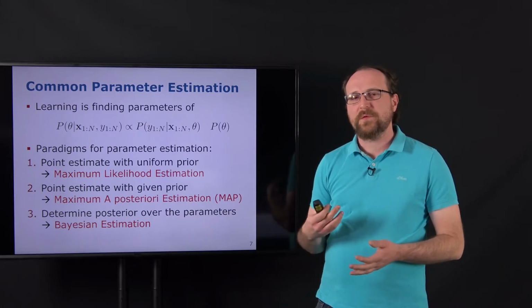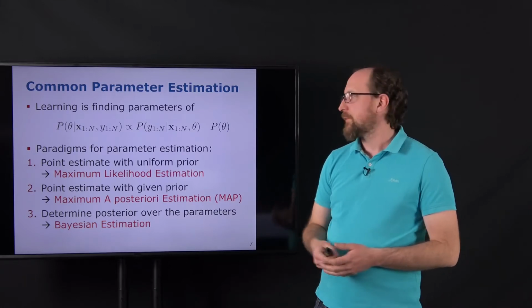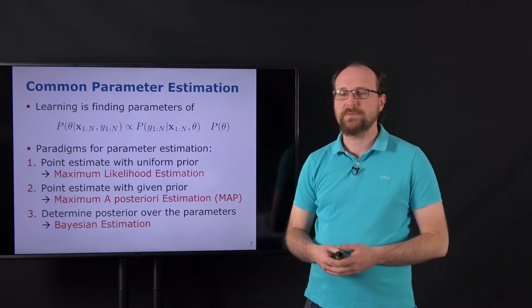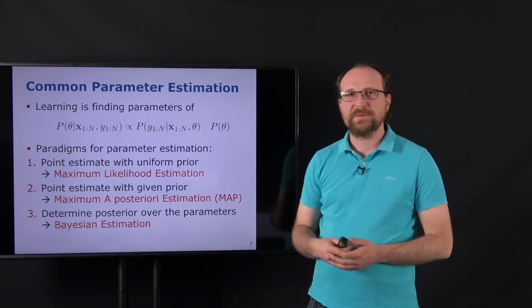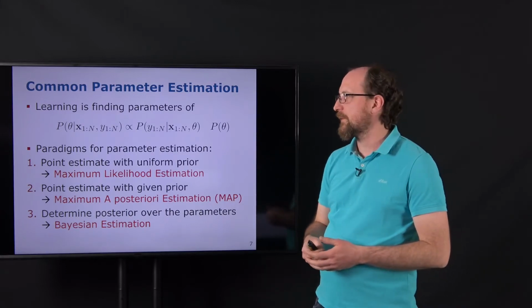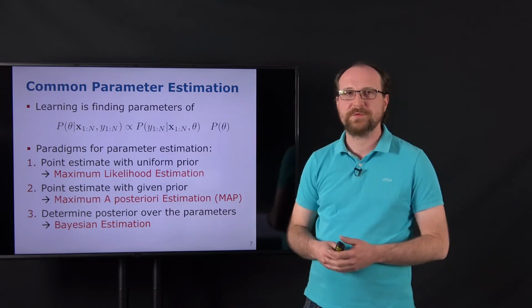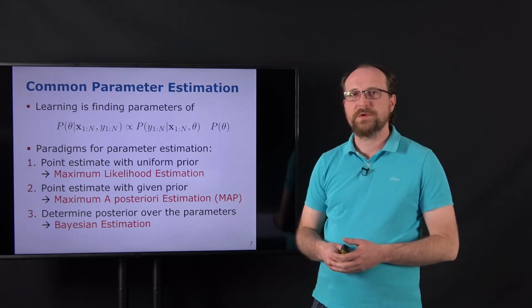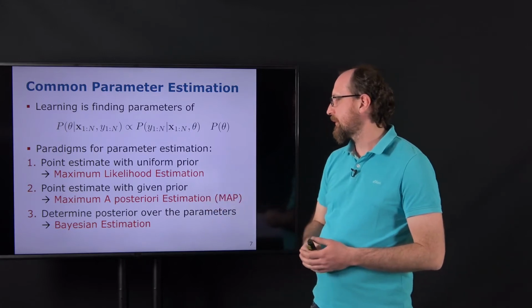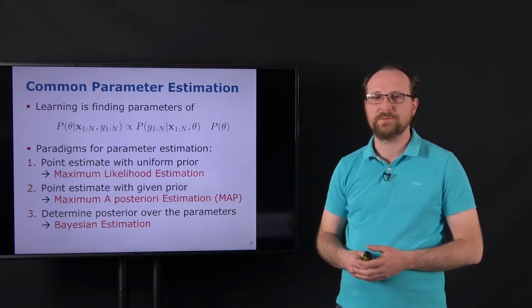There are different ways to estimate a theta using these probabilistic assumptions, and we will discuss these different ways in the upcoming part of the lecture. The three main paradigms to estimate the parameters are the maximum likelihood estimation, the maximum a posteriori estimation, and the Bayesian estimation.